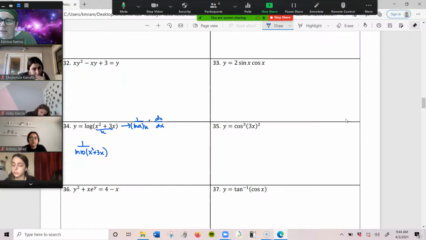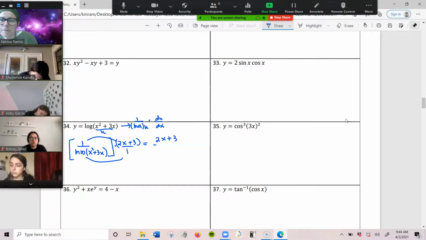And then I multiply this by the derivative of u, which is 2x plus 3. So then we just put this together, right? 2x plus 3 is like over 1. You can multiply numerator with numerator, denominator with denominator. So this would give us 2x plus 3 over the ln of 10 times x squared plus 3x.